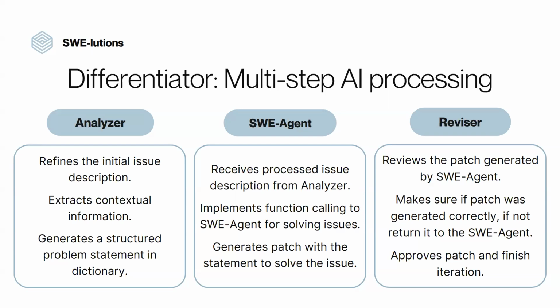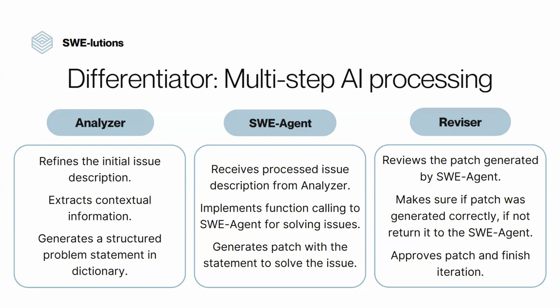This agent receives a GitHub URL with the GitHub issue, and what it does is extract all of the information it can from the repository to convert it into a JSON file.